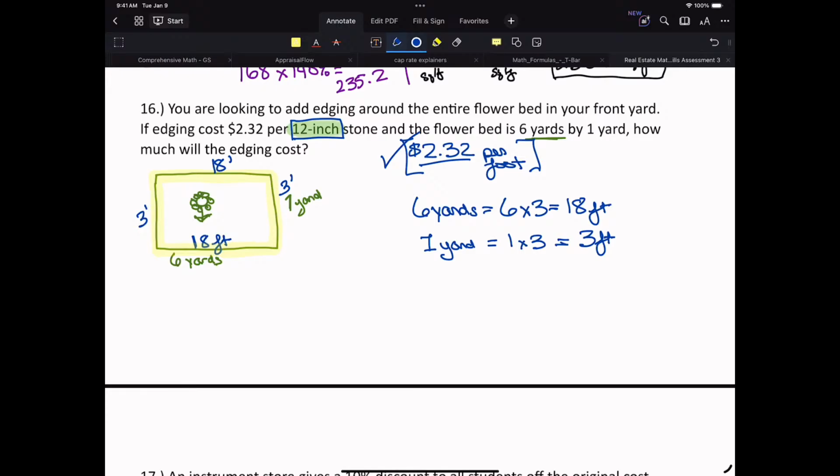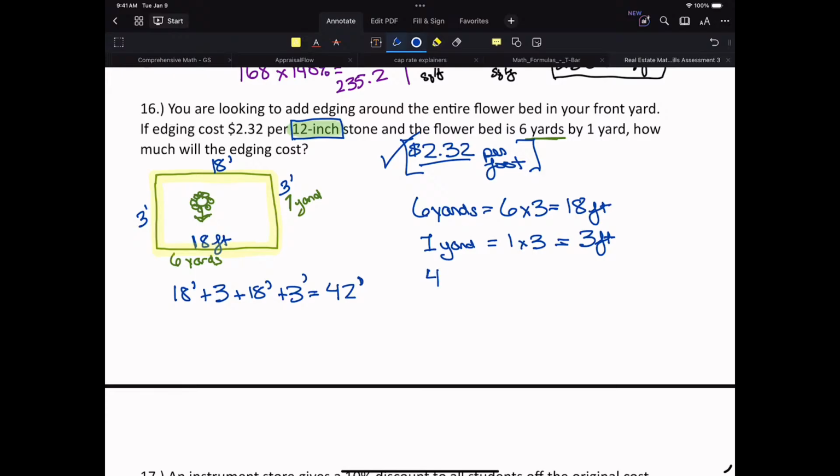We can add all of that together. 18 plus 18 plus 3 plus 3, I got 42 feet. Altogether, the perimeter is 42 feet.